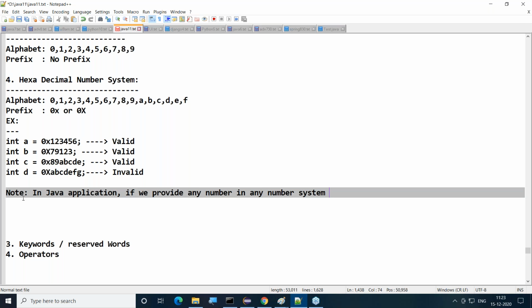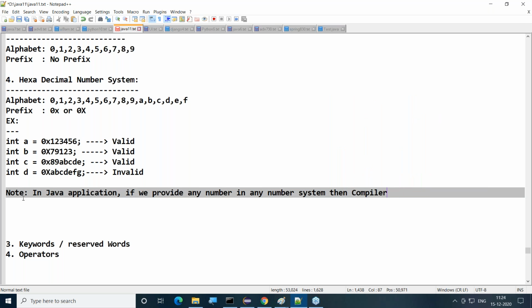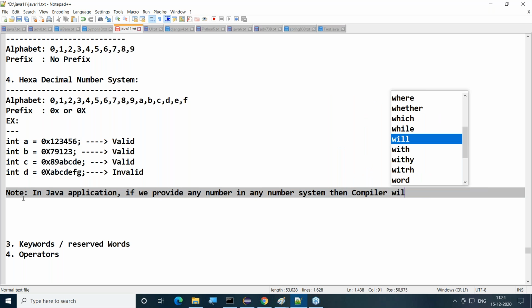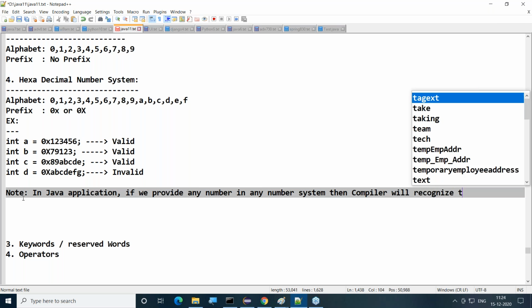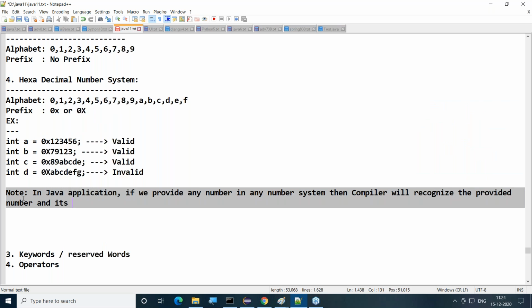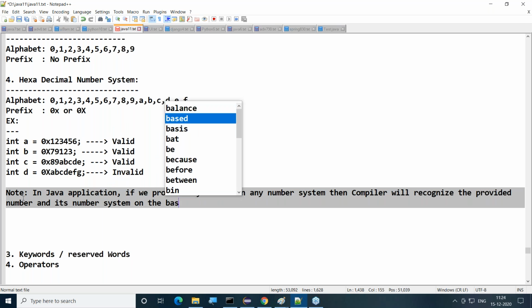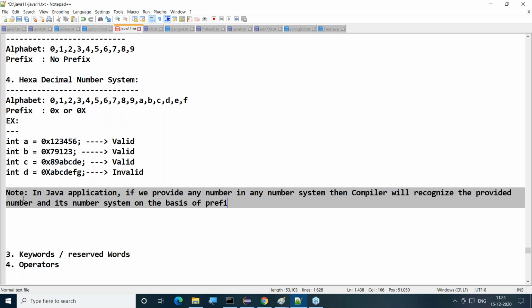In Java applications, if we provide any number in any number system, then the compiler, especially the compiler, will recognize the provided number and its number system on the basis of prefix value.